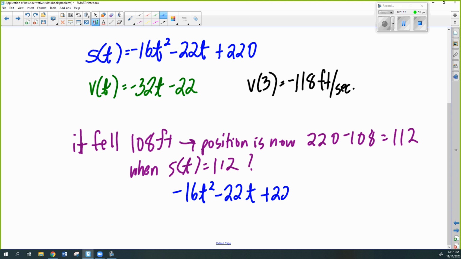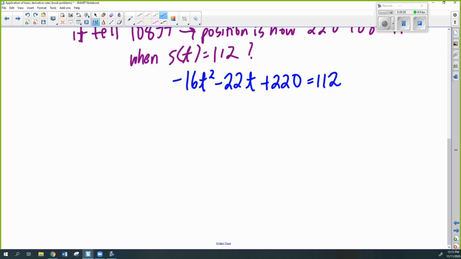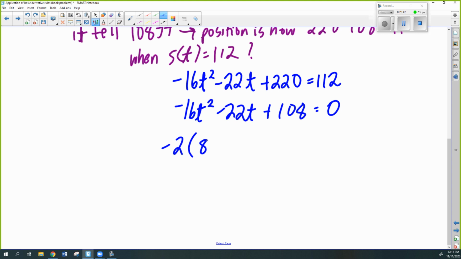Yeah, the position function, because I want to know when does s of t equal 112. All right, and think about what algebra that's going to require. You got to make it equal to 0. Technically, I can take out a -2.